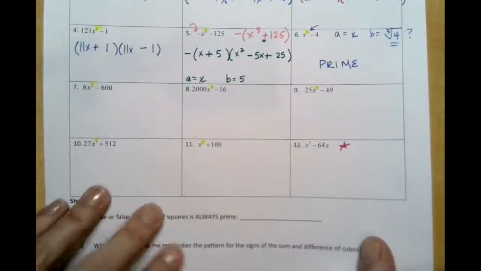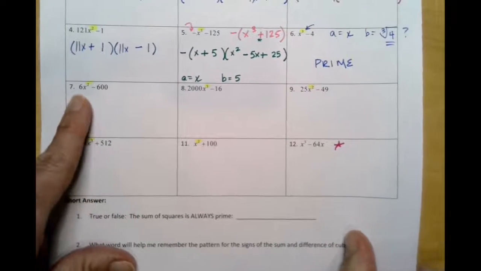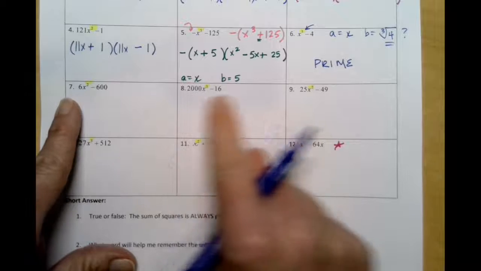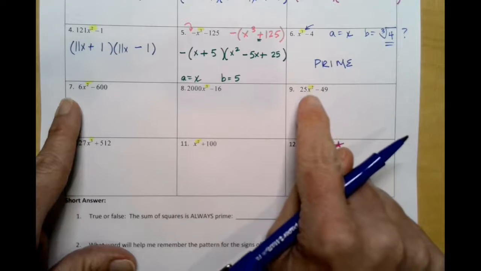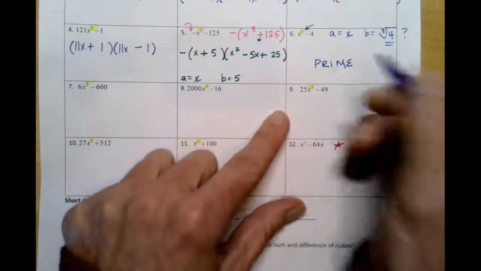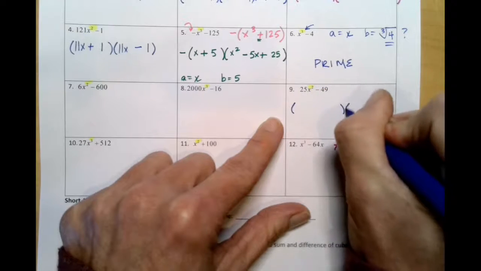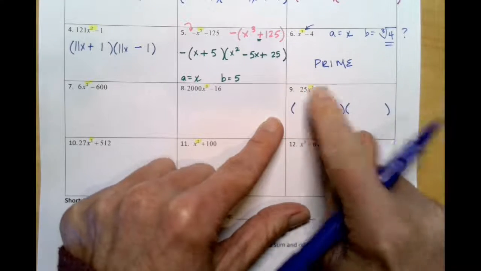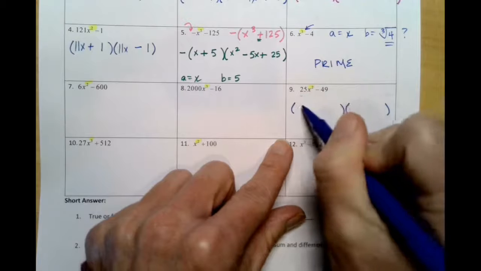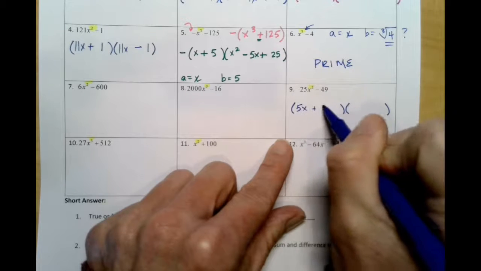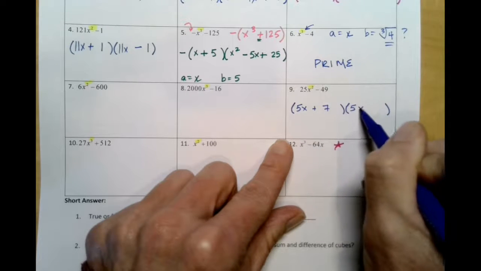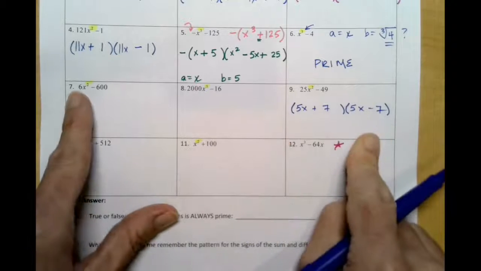All right. So now we're getting into some tricky ones, and we want to make sure that we pay attention to each of these coefficients. These are perfect squares, so splitting these up is easy. It's a square, so it's two binomials, and it's going to be 5x plus 7 and 5x minus 7. Not a problem.